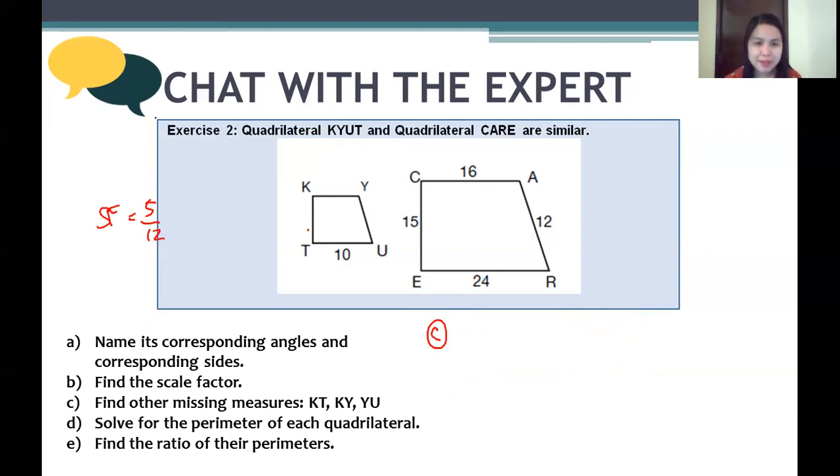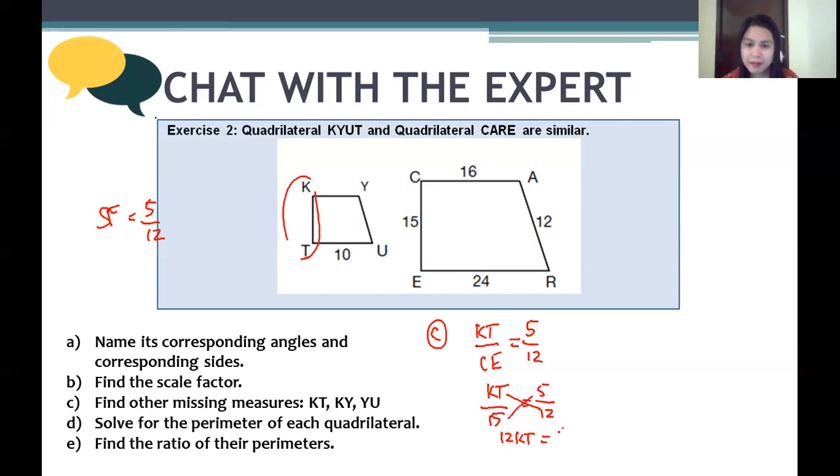We're looking for the measure of KT, right? So first you write its proportional sides, its similar side. KT over CE. That is equal to the scale factor, 5/12. So KT is missing, CE measures 15, equals 5/12. Cross multiply, so 12 KT equals 5 times 15.